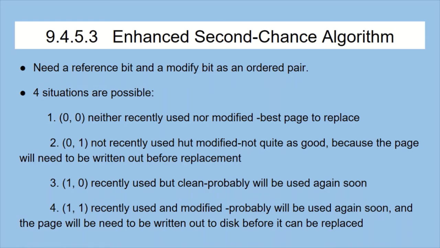Number 3 is 10: recently used but clean, probably will be used again soon. Then the 4th, 11: recently used and modified, probably will be used again soon, and the page will need to be written out to disk before it can be replaced.